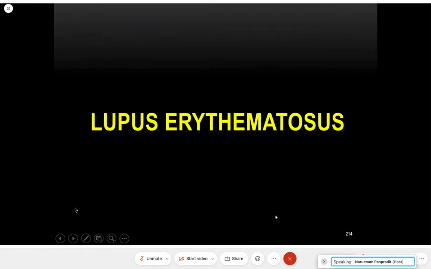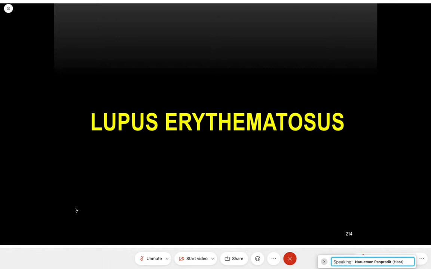Okay, next one. The lesion that looks similar to oral lichen planus again, but rare when compared to the oral lichenoid lesion group. This group is lupus erythematosus.